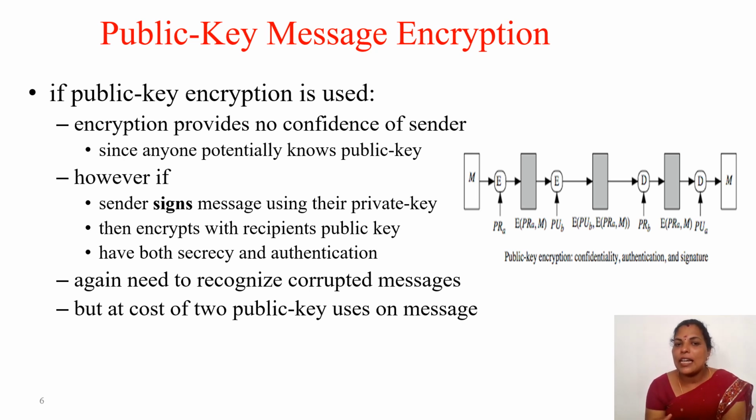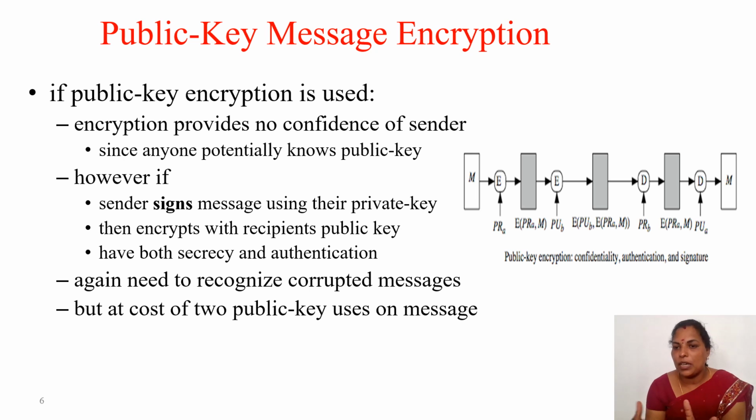However, if the sender signs the message using their private key, then encrypts it with the recipient's public key, we have both secrecy as well as authentication. So in this part here, you see the message is encrypted using the private key of A. Then the encrypted message is passed on to the receiver.